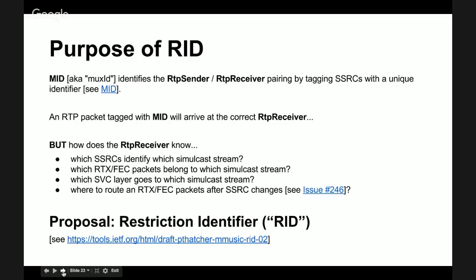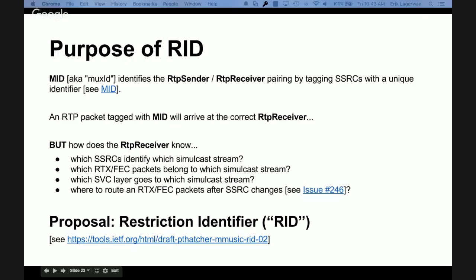So I didn't understand the SVC bullet 3. Well, I guess if you have multiple simulcast streams each doing SVC, you might get confused about which layer corresponds to which simulcast stream. Is that what you're saying? That would be for something like MRST. Right. Okay.